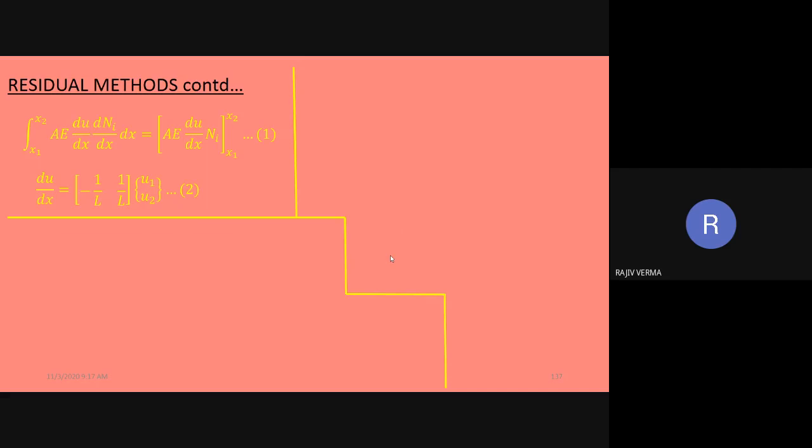So now we have equation number 1, that is the required equation which we are supposed to solve, and then we have in equation number 2 a du by dx.